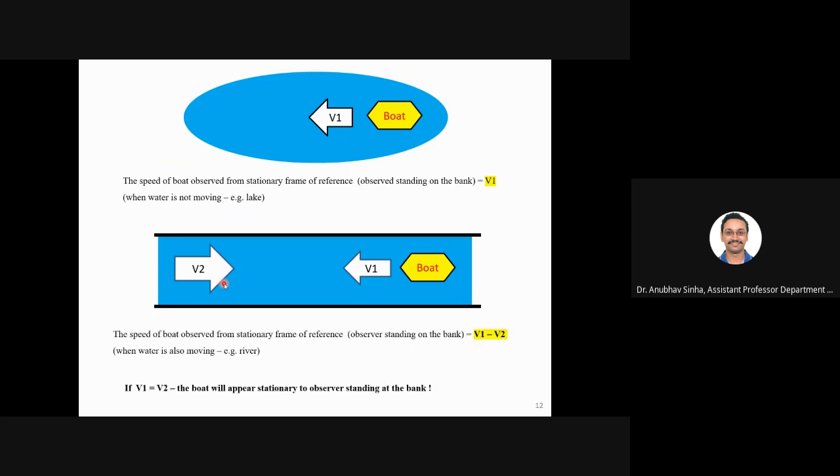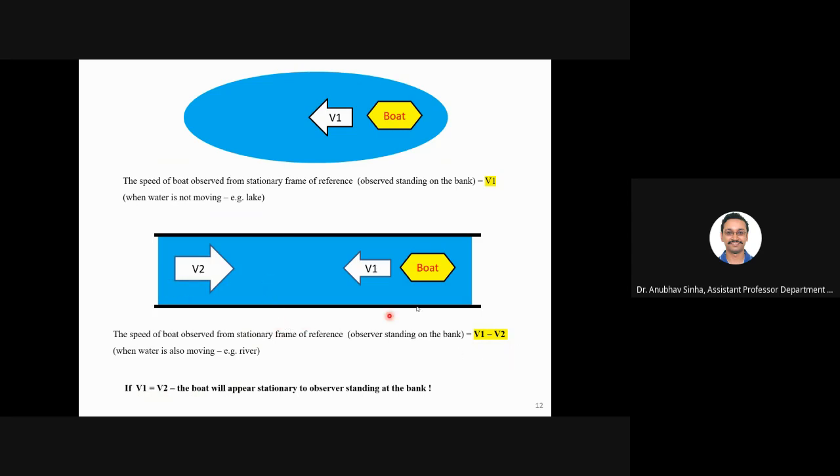Okay, so what is the observation of a stationary reference frame? If I am standing on ground, I will see that the boat is moving with a velocity v1 minus v2, right? Basically vector addition, that's all.